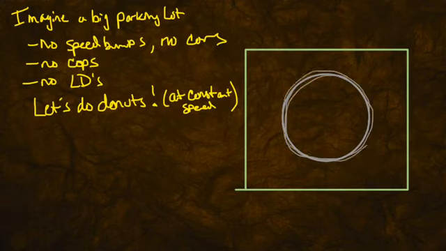Okay, we go around and around and around doing our donuts. So there's our car, and we're traveling to the west in that part of our circle. Okay, we're looking from above.